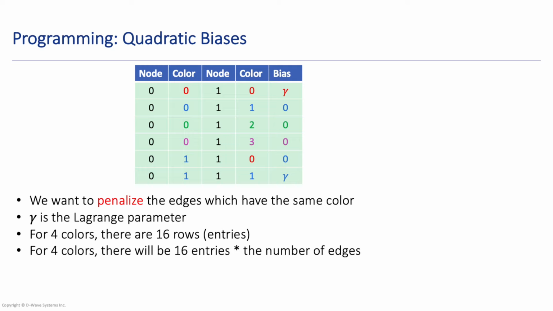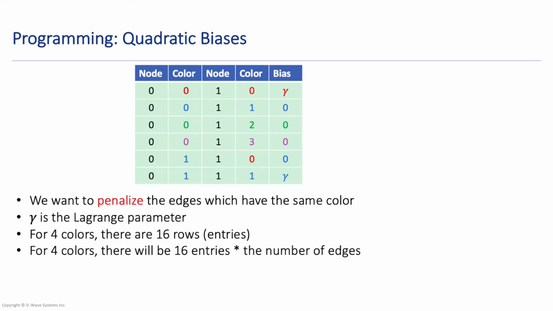And so I'm showing a few of them here. Color on the left and then color on the right for node 1, and 0, 0, 0, 1, 0, 2. And what you can see in this table is that I've put a bias of gamma, that is the Lagrange parameter, on any of the pairs where the colors are the same. So it'll be 0, 1, and 1, 1 there at the bottom, and I didn't show all 16.